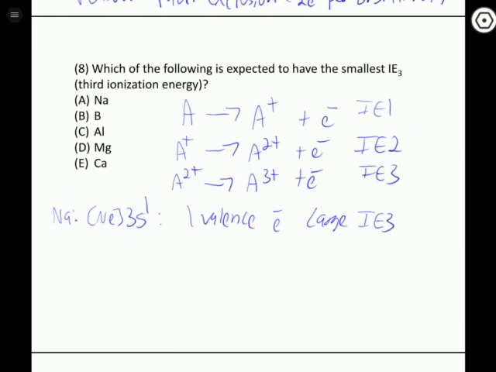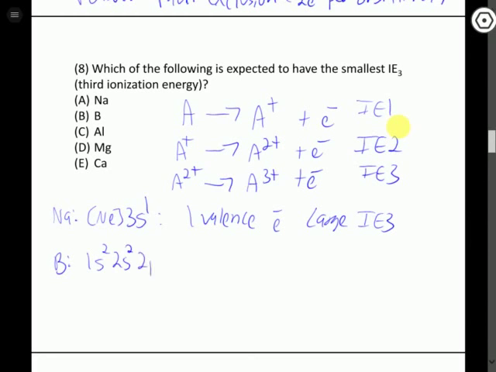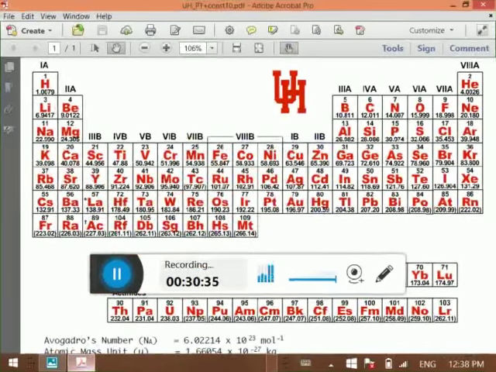For boron here, there's 1s2, 2s2, 2p1. Okay, so remember valence electrons are all of the electrons in the outermost shell. So those are going to be, for p block elements, the 2s and 2p outermost electrons. So boron, which is in this column of the periodic table here, group 3A, tells us that it has 3 valence electrons, the 2s and 2p electrons.